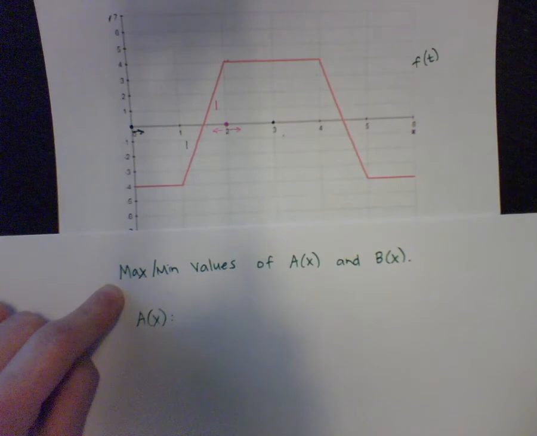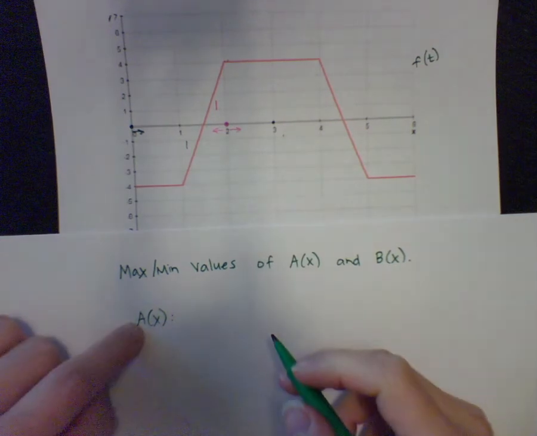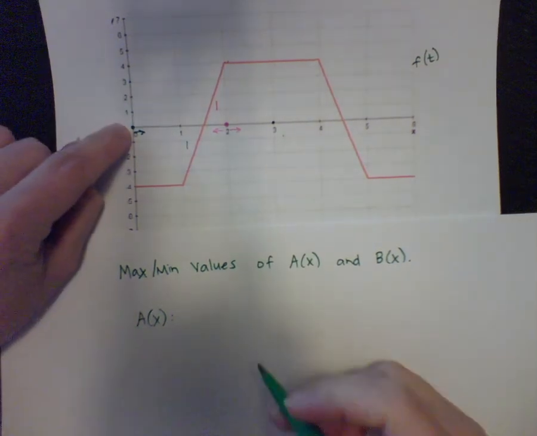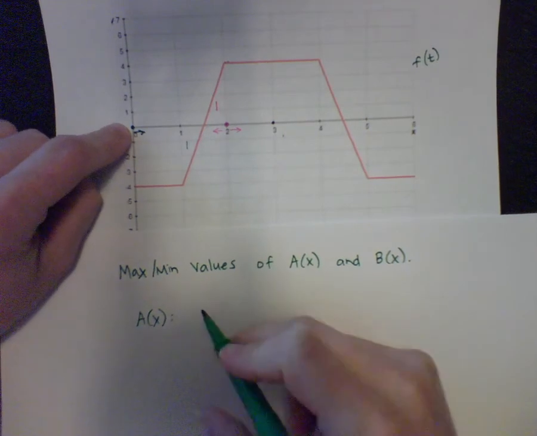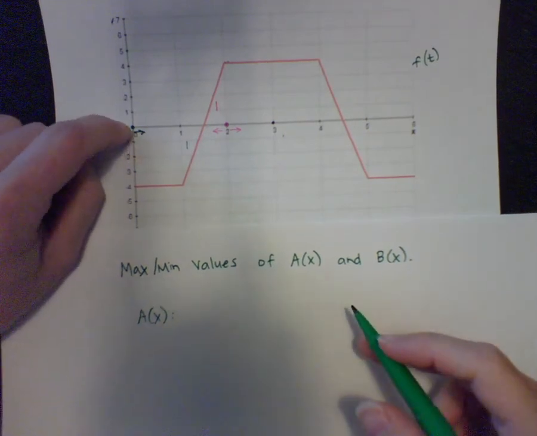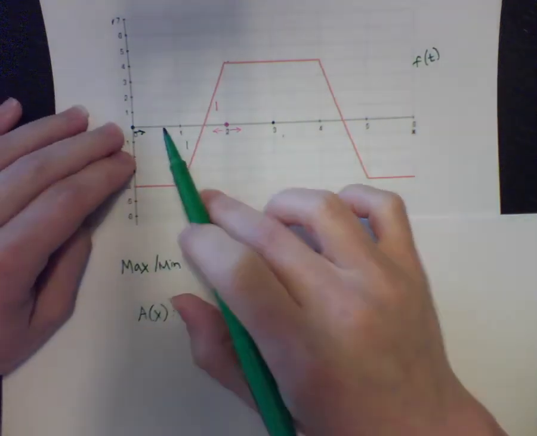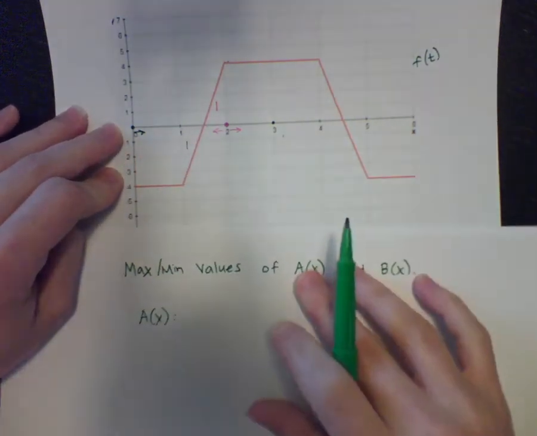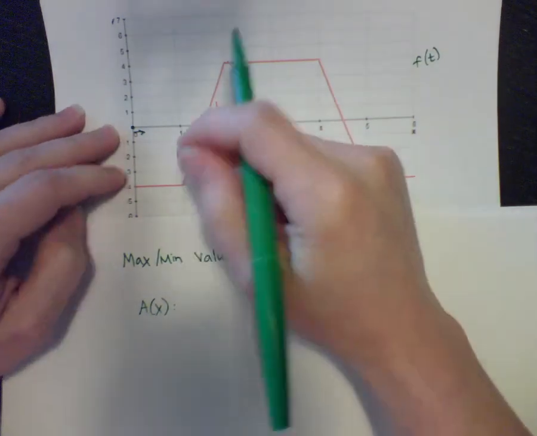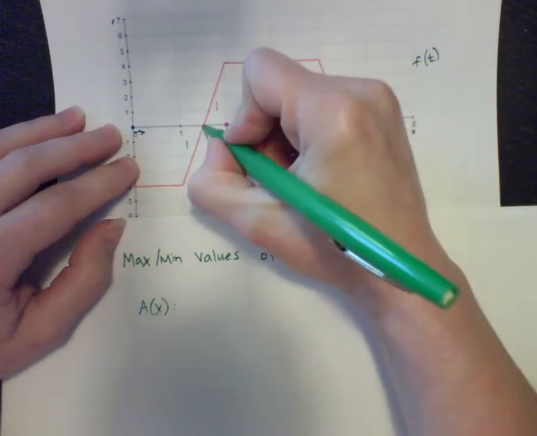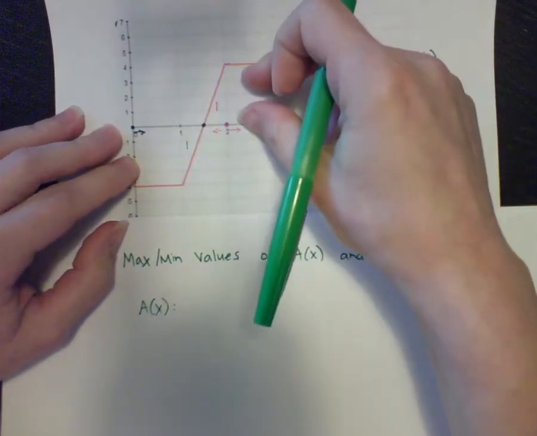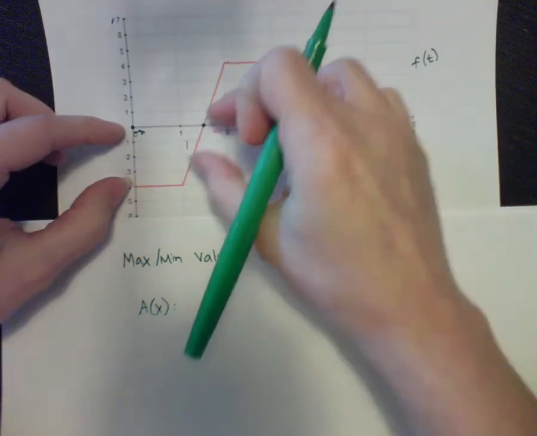So if I look at a of x, again this one starts at 0. I'm looking for the max and min values. Let's start progressing forward. As I move forward, I'm going to have this negative area here, and then the function goes from negative to positive.